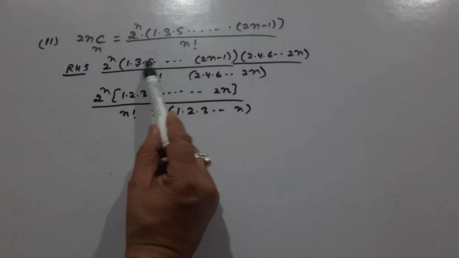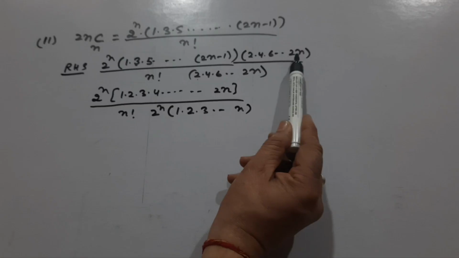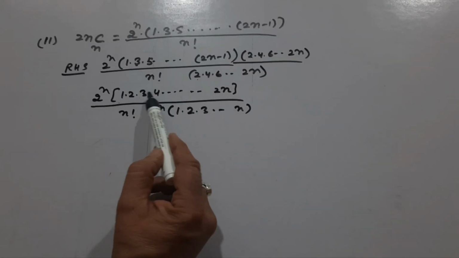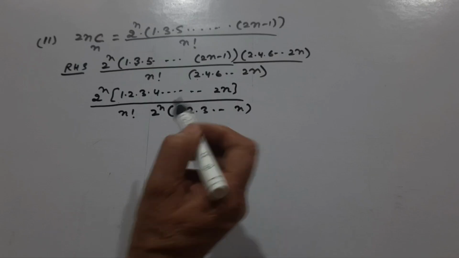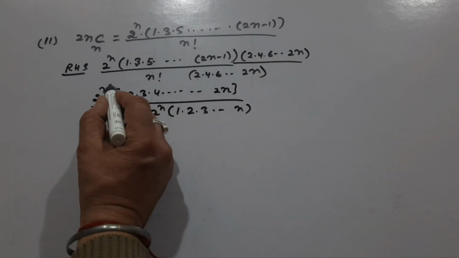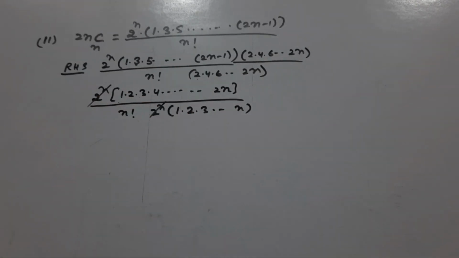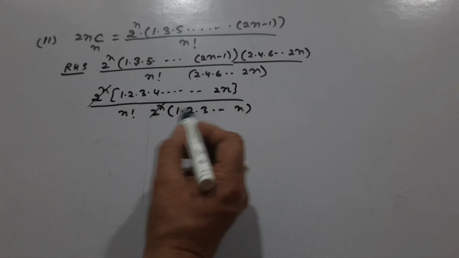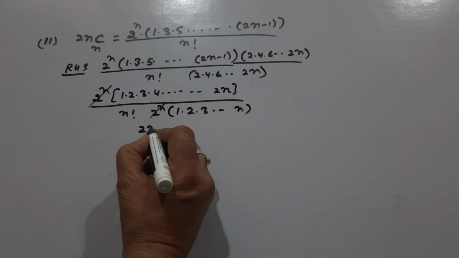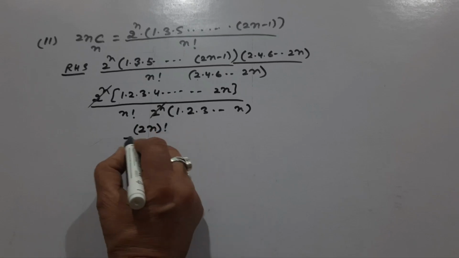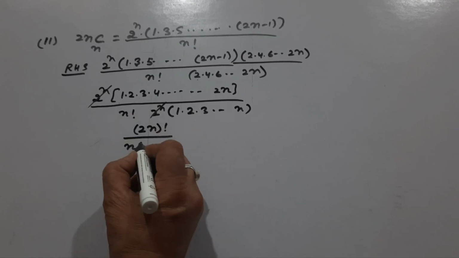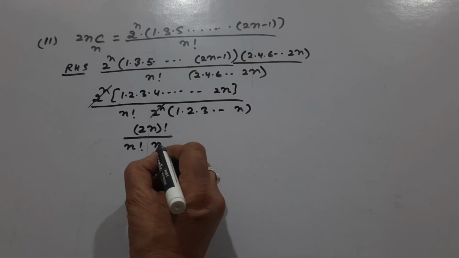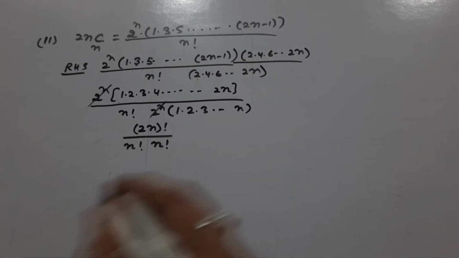Students, you can see these are n factors and these are also n factors, so in total we have 2n factors. So we write 1·2·3·4 up to 2n. Now cancel 2 power n with 2 power n. Then 1·2·3·4 up to 2n can be written as 2n factorial upon n factorial, and 1·2·3 up to n is n factorial, so again this gives 2n factorial.